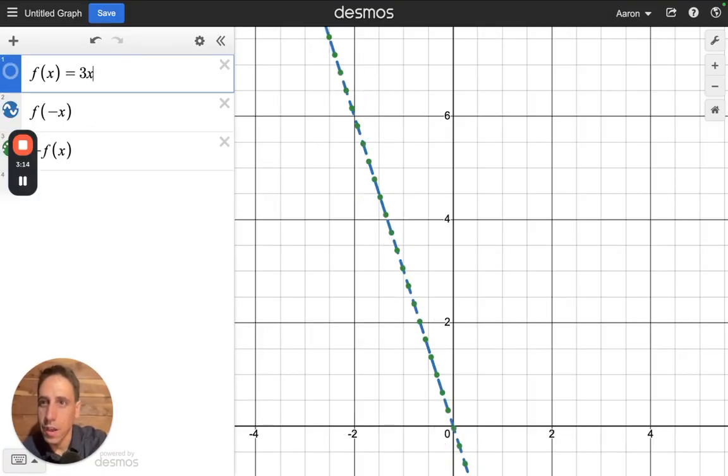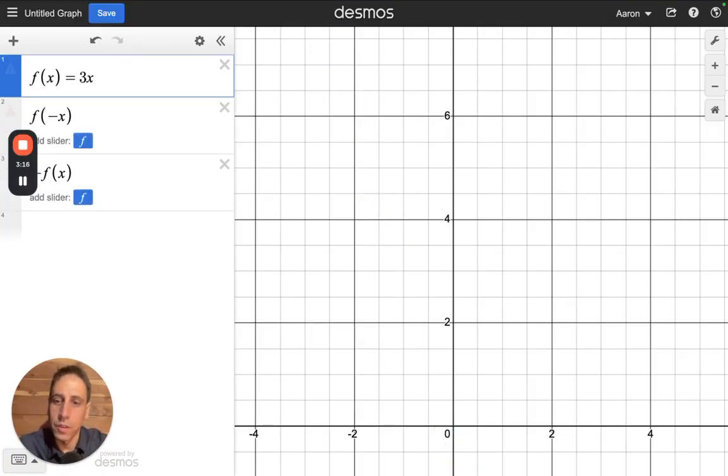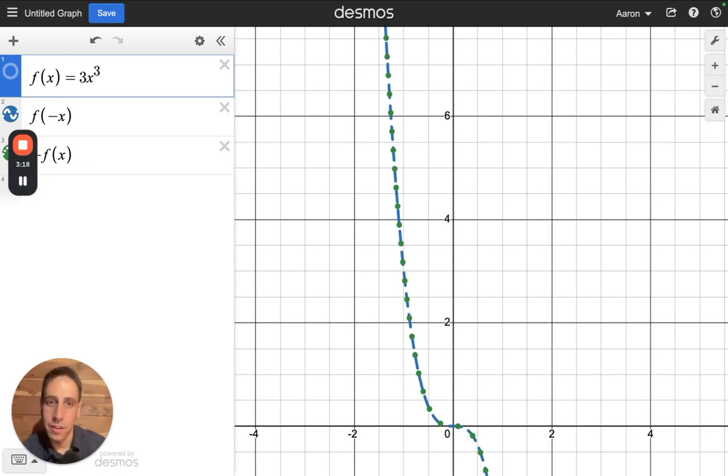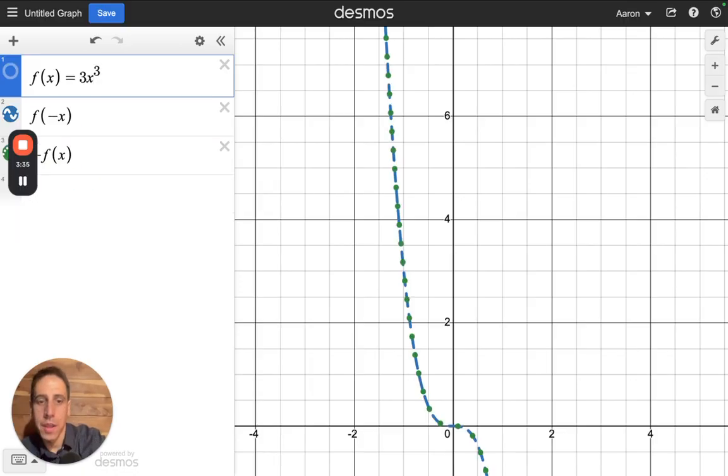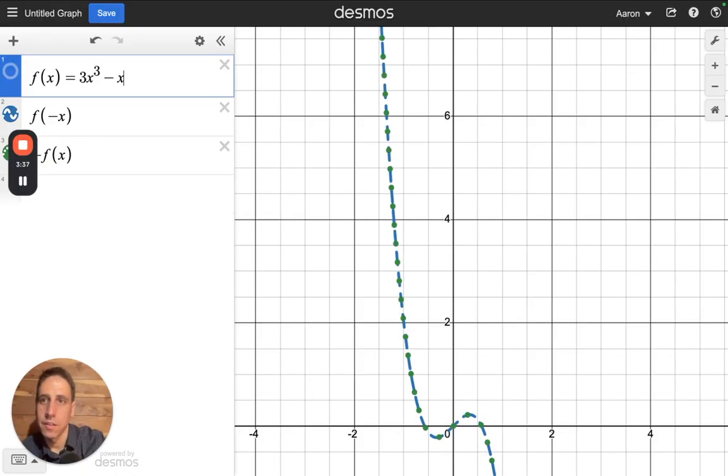Here's another fun odd function. Let's raise this to the third power. Look at that. It looks like this is the original, but f of negative x and negative f of x are completely overlapping. Let's do minus x, and let's even have some more fun with a.